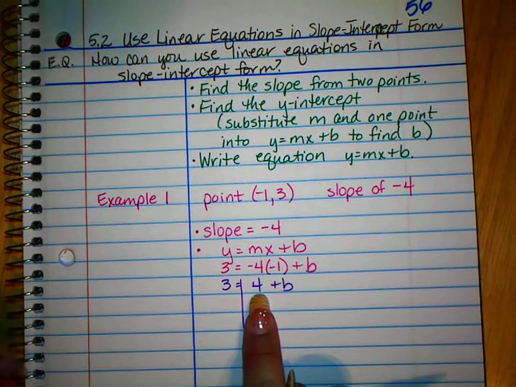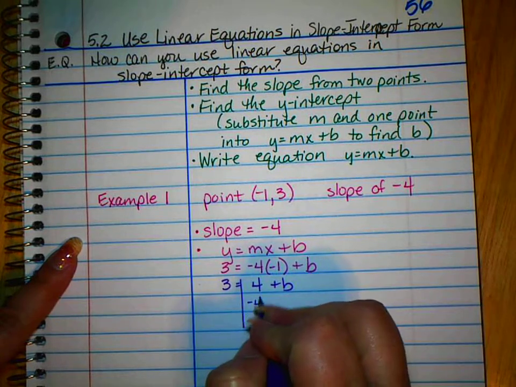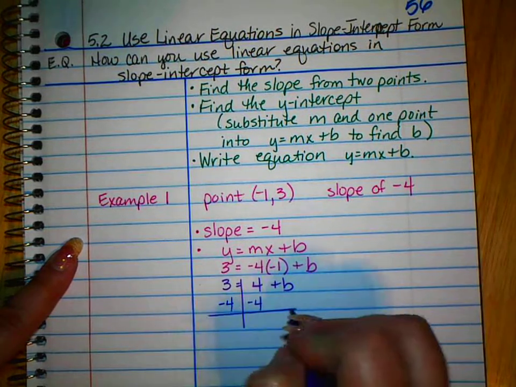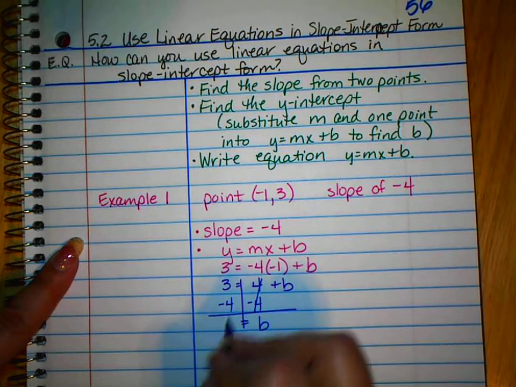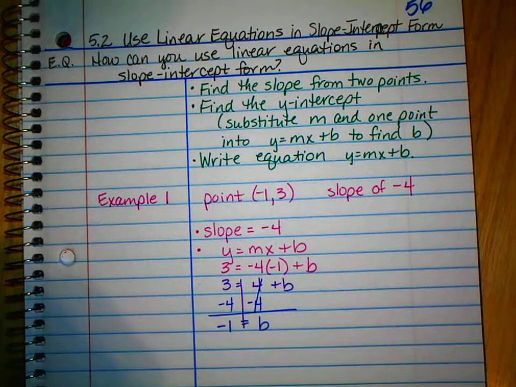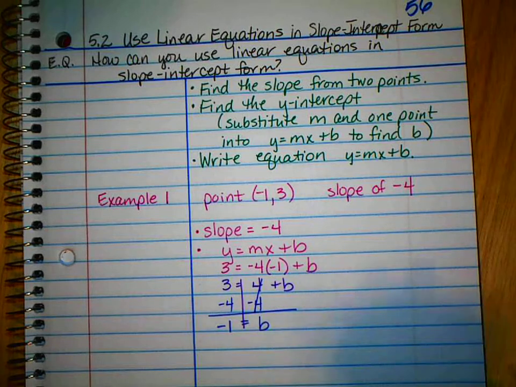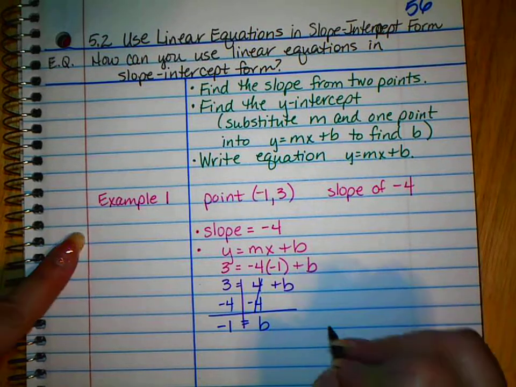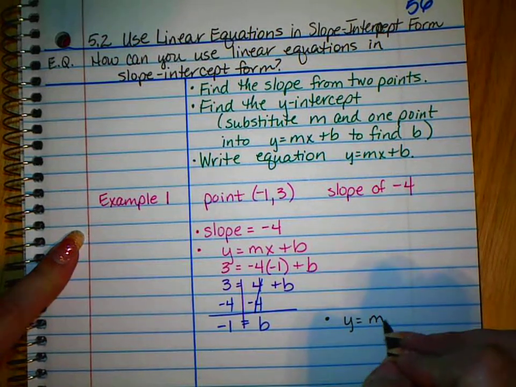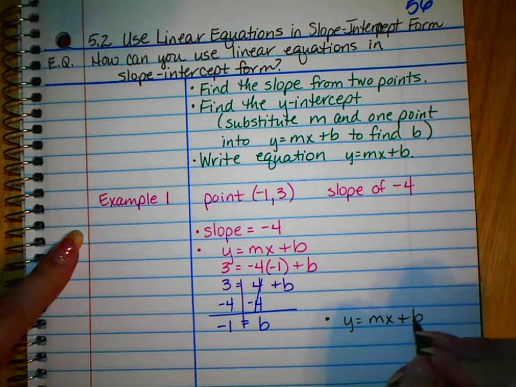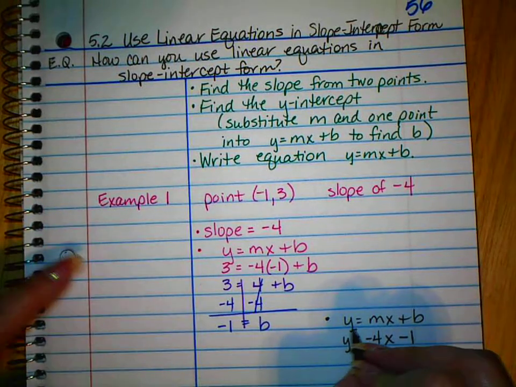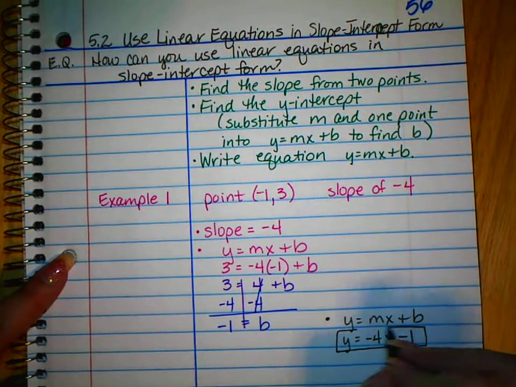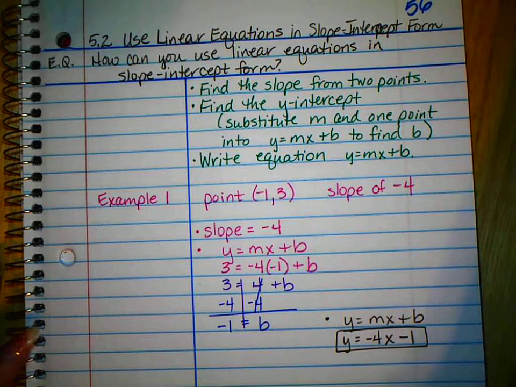Use the opposite operation. This goes to 0, leaves me just b, and 3 minus 4 is a negative 1. So now I can go and write my equation. Y equals mx plus b. Well, y equals negative 4x minus 1. And that would be my slope-intercept equation.